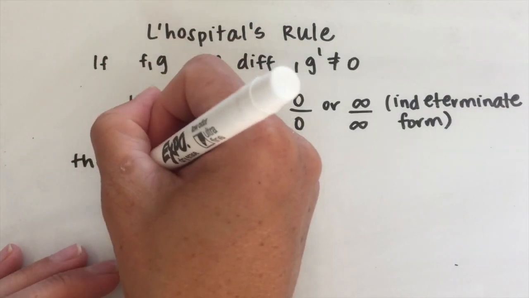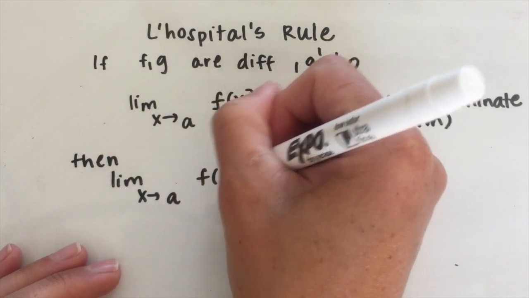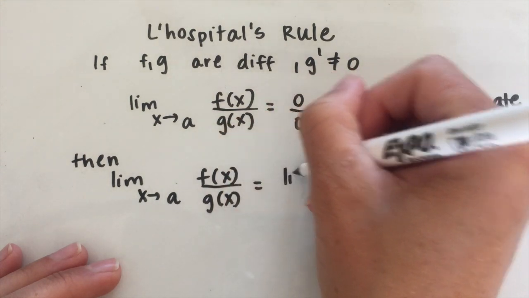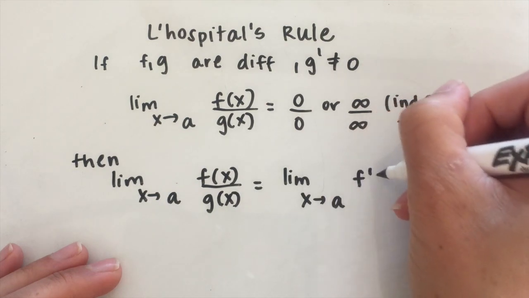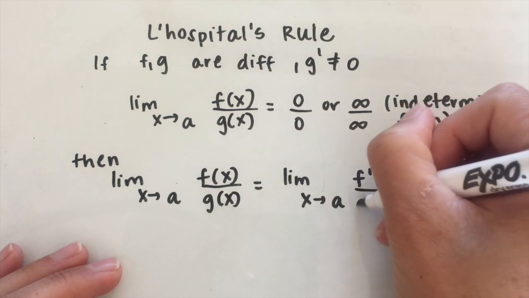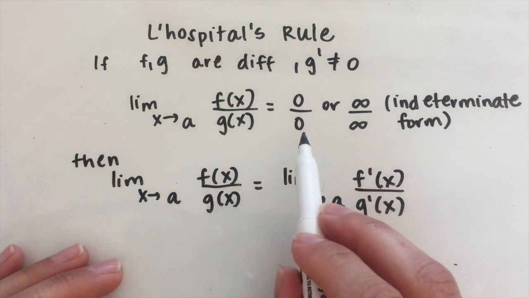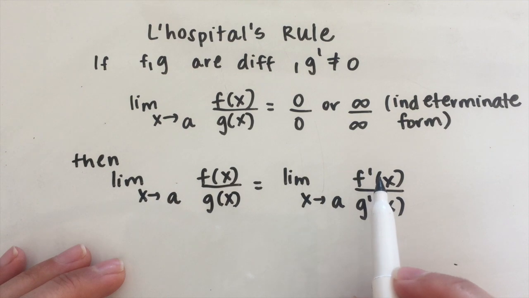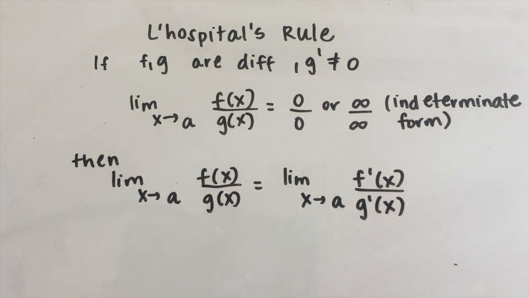Then the limit as x goes to a of f over g is the same as the limit as x goes to a of f prime of x over g prime of x. So this just means that if we get 0 over 0 or infinity over infinity, you take the derivative of top and bottom and then plug in a.